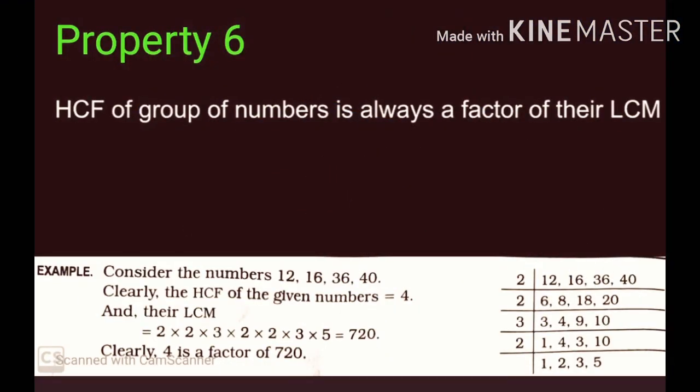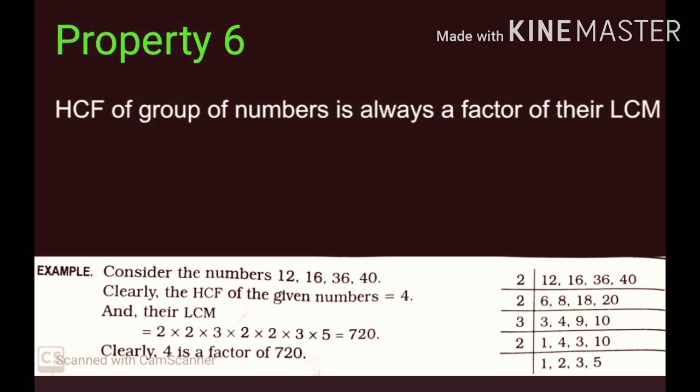Now property 6. The HCF of a group of numbers is always a factor of their LCM. Let's take an example. Consider the numbers 12, 16, 36 and 40. Using the division method, we are calculating the LCM. Okay, so see this.